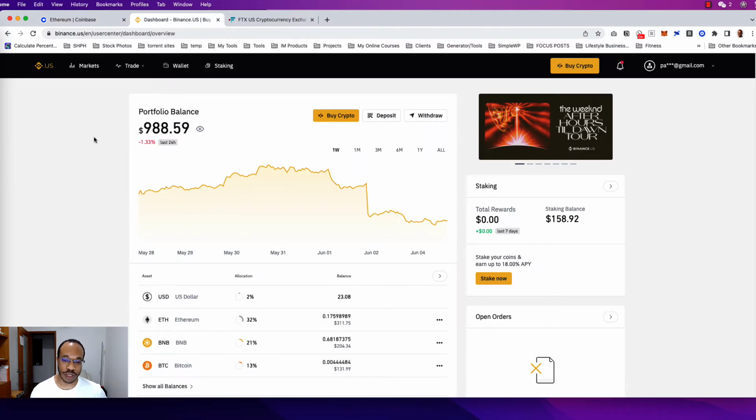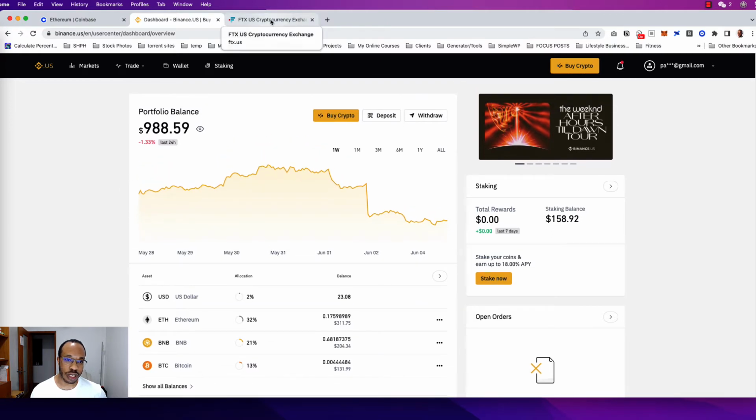It's not as full featured as the Binance.com platform, but it does have some of the basics. It allows you to look at the markets overall, and make some trades with the top menu. It gives you a balance of your overall portfolio the same way that Coinbase does, so you can just see your assets at a snapshot and how everything is going.